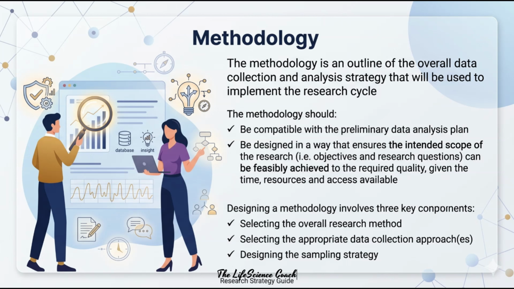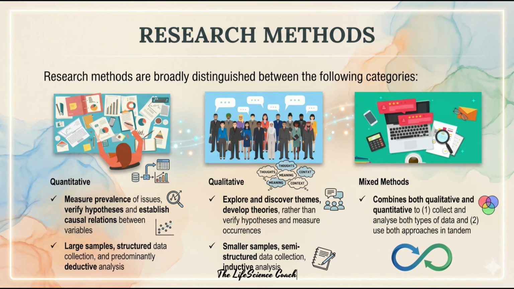Research methods are broadly classified into three major categories: quantitative, qualitative, and mixed methods. Each method plays an important role in helping researchers understand problems, collect information, and arrive at meaningful conclusions. First, quantitative research focuses on numbers, measurements, and statistical analysis.